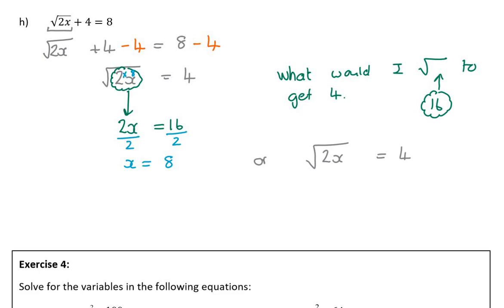If I'm trying to figure out what I'm square rooting to get 4, it must have come from 4 squared, so that when I square rooted, I went straight back to 4. So this thing under the root sign must be equal to the square of 4. So 2x has to equal 16. Now, I find that method a little bit tricky for grade 8. I prefer the method where I just say to myself, what would I square root in order to get 4? Because that must be under the square root sign.